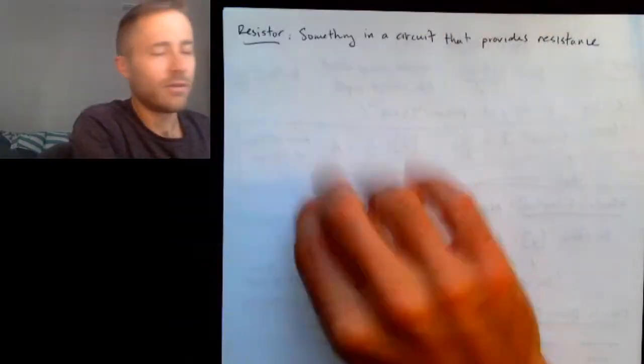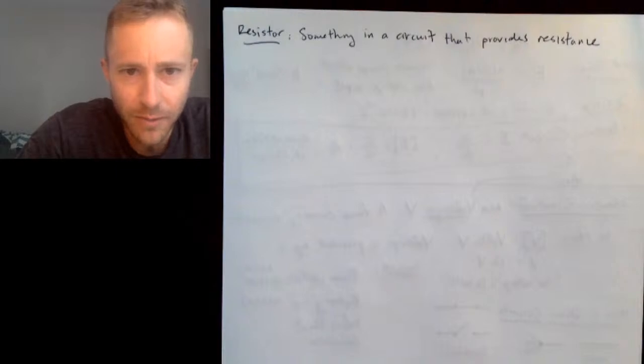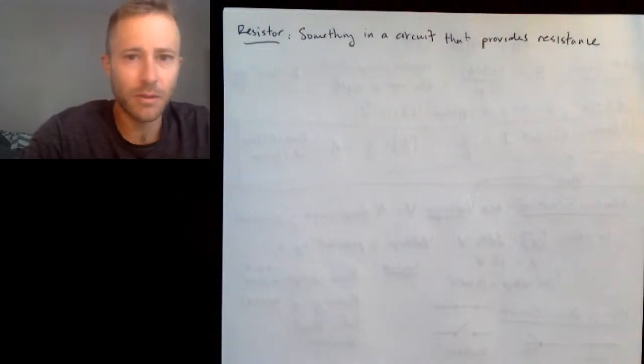Okay, so a light bulb could be thought of as a resistor. Okay, it's a resistor that does something useful in the process of resisting.